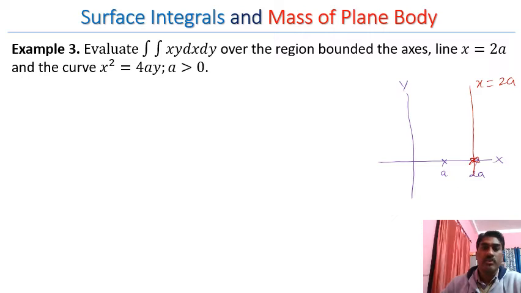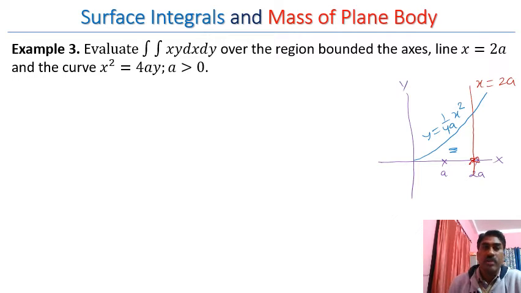Now we have to draw this curve. You can see this is the parabola y is equal to 1 by 4a x square. So this will be drawn something like this. This is our curve, and this is the region bounded by these lines and the curve.